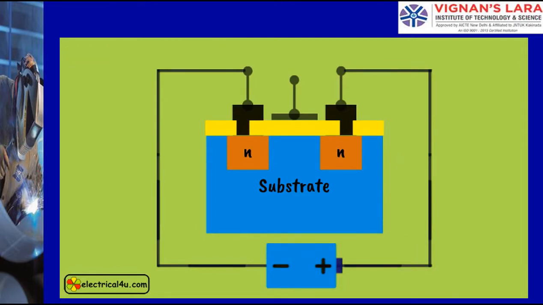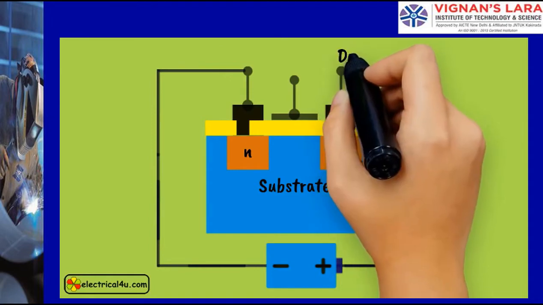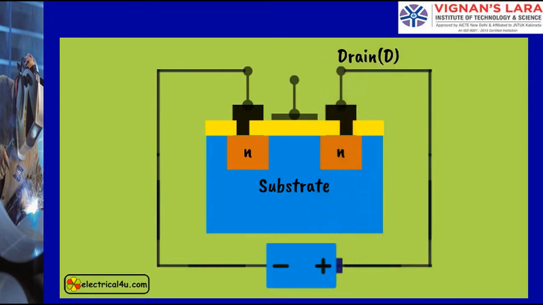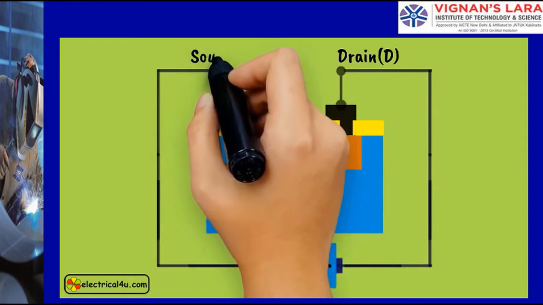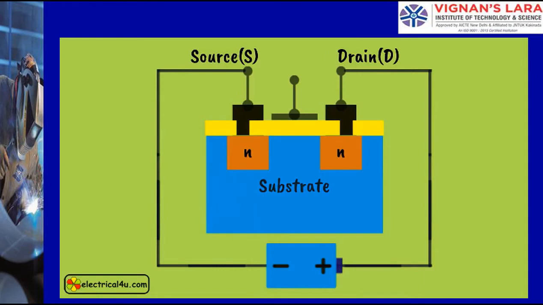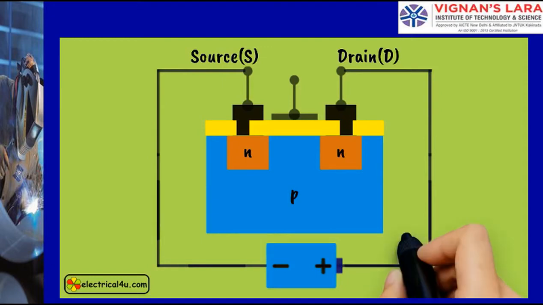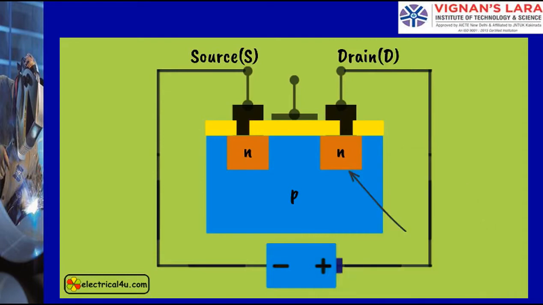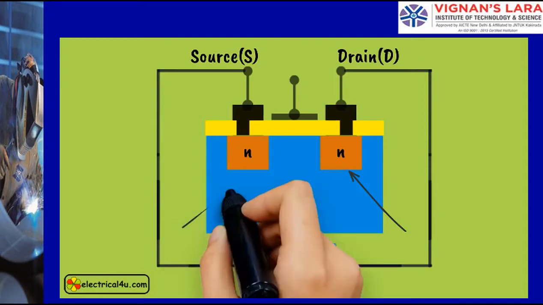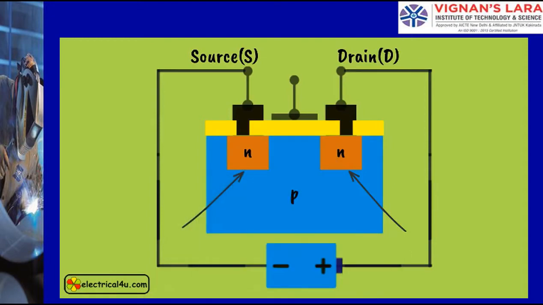The N-type region connected with the positive terminal of the source is called the drain, and the N region connected with the negative terminal of the source is called the source. As soon as the drain and source are connected with the DC voltage source, there will be two PN junctions formed. One is between the N-type drain and the P-type base, and the other is between the P-type base and the N-type source.